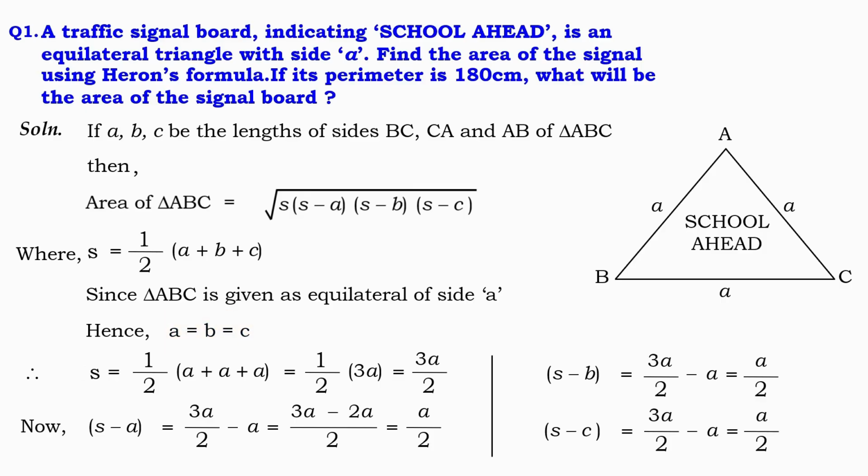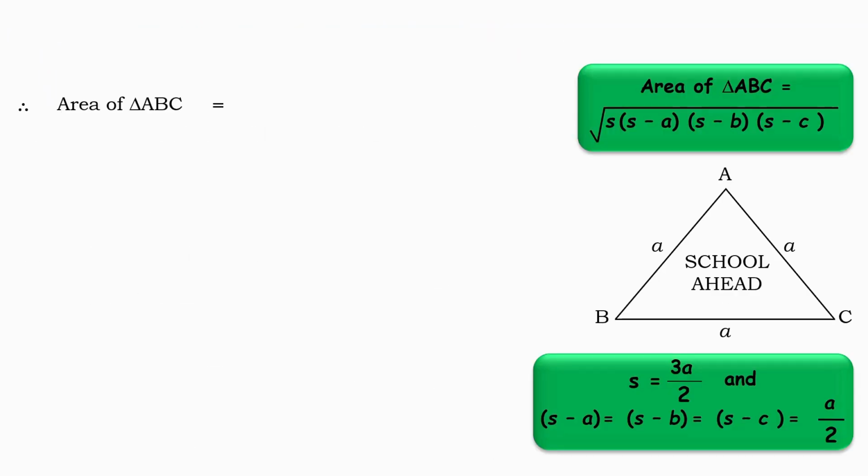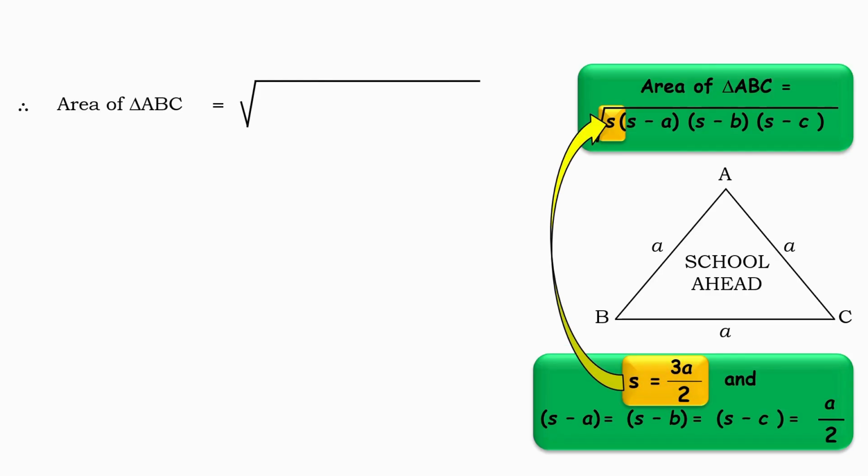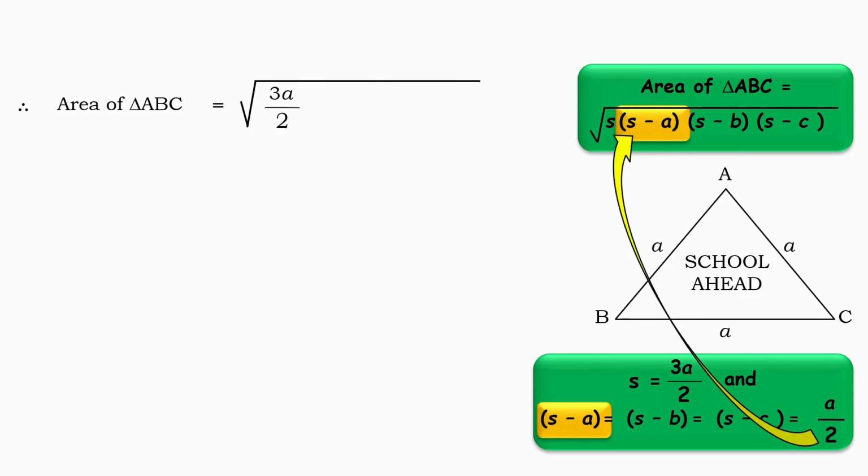So what we got? We know s is 3a by 2, s minus a is equal to a by 2, s minus b is also a by 2, and s minus c is also a by 2. Now the area of triangle ABC will be equal to square root of s into (s minus a) into (s minus b) into (s minus c). So here we will replace the value of s, that is 3a by 2. Now replace the value of s minus a, that is a by 2.